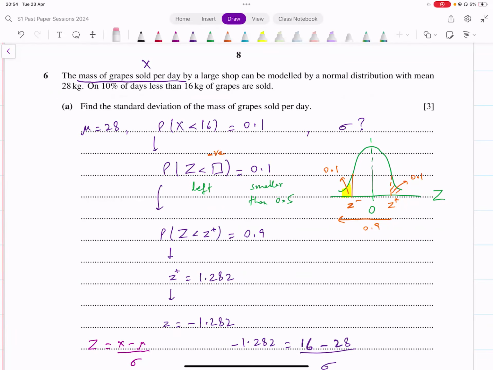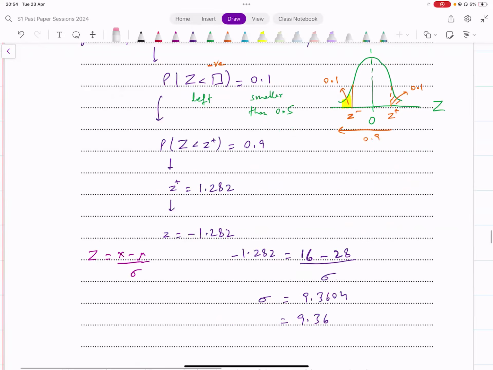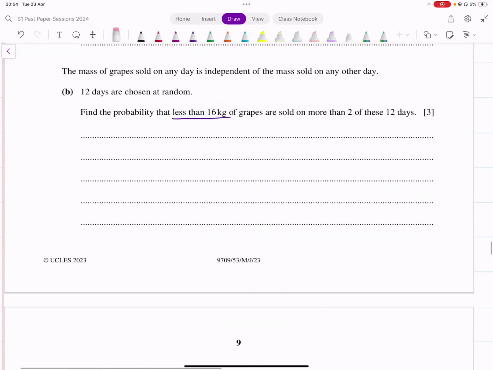If this was not given, we could find this using the normal distribution. This was given, that 10% is the probability that on a particular day, less than 16 kg grapes are sold. This probability is 0.1. And now they're saying 12 days are chosen at random. Out of them, what's the probability that less than 16 kg were sold on more than 2 of these 12 days? What kind of distribution is this?